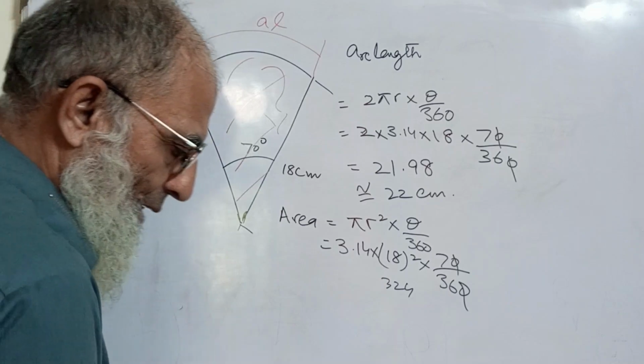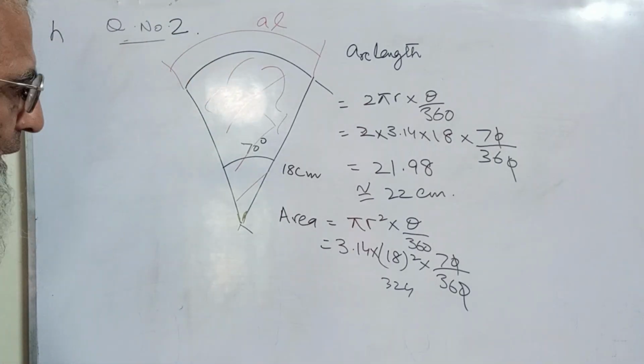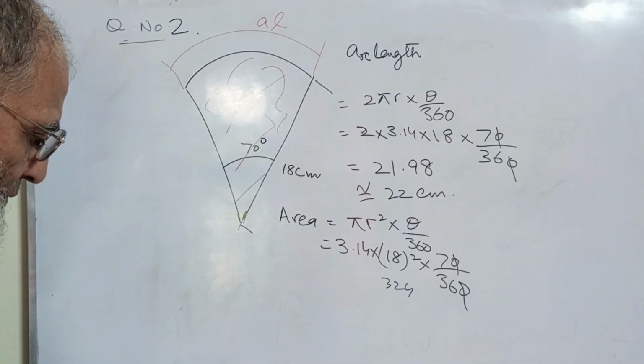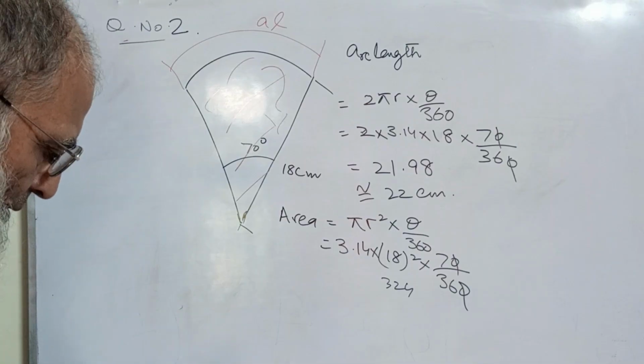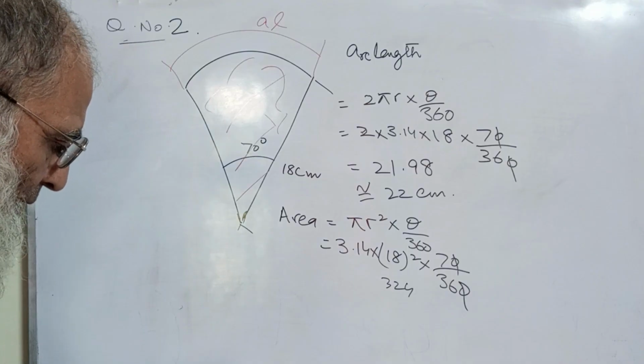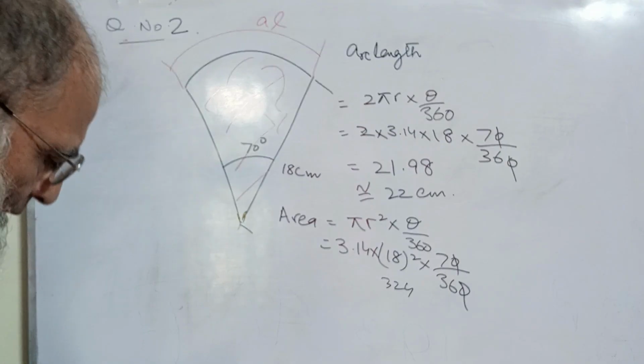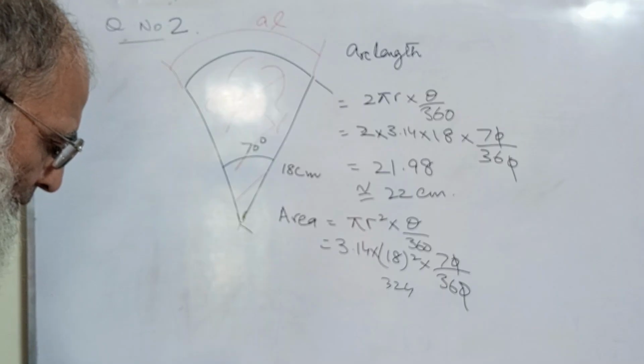Okay, the rest of the calculation is 3.14 multiplied by 7 divided by 36.